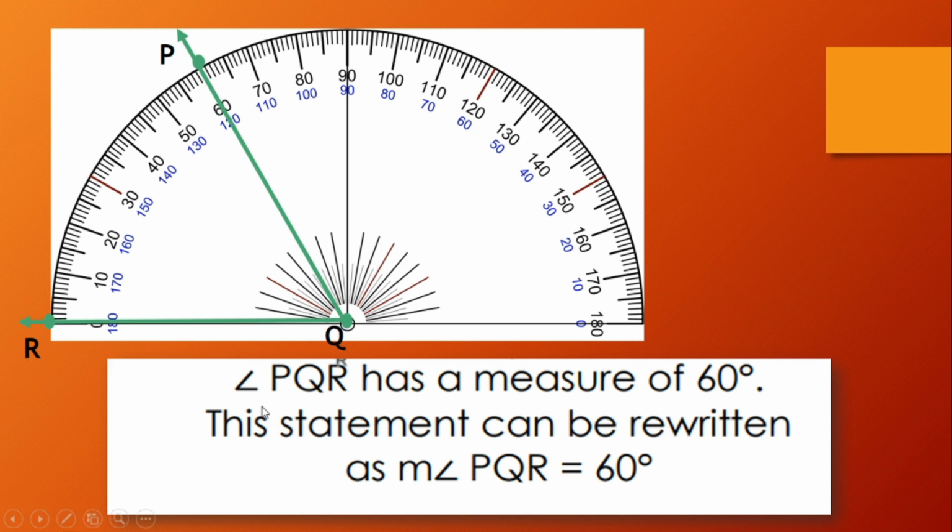Or we can write this as the measure of angle PQR is equal to 60 degrees. Okay? Or the measure of angle RQP is equal to 60 degrees. Or the measure of angle Q is equal to 60 degrees. Right? We can give three names for this. So, it's up to you which one you want to use or which one is being asked.